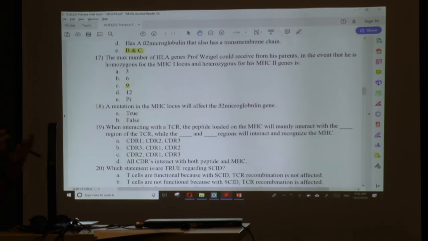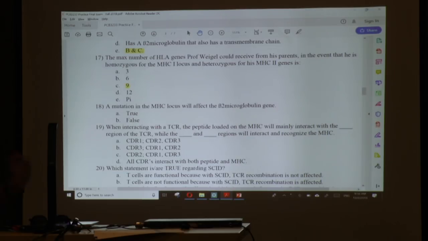So if you're homozygous for both, you get a total of 6, 3 and 3. Then if you're heterozygous for both, you can have 6 from MHC1, 6 from MHC2, for a total of 12. And then you can be homozygous for one and heterozygous for the other one, so it's 3 and 6, 9. Does it make sense?